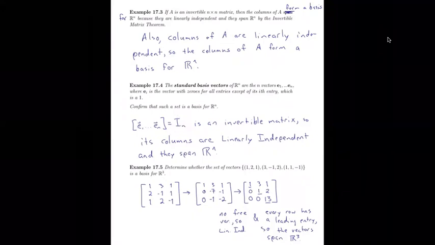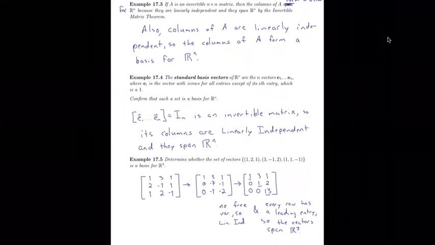Remember that it's an invertible matrix. You take its determinant, it's 1, which is non-zero. So its columns are linearly independent and they also span Rn, basically by the fact of what we saw above, right? When we're dealing with an invertible matrix, its columns are a basis for the space Rn, for an n by n matrix.